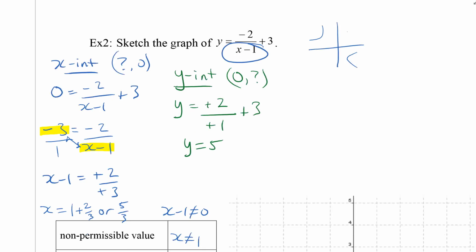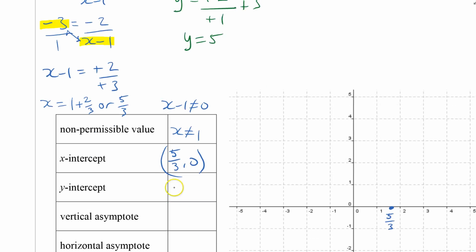So my value for my y-intercept will be my x is 0 and my y is 5. So my spot would be right over here, and I get a 0, 5. I'll just label that, and I'm going to anticipate that that will be a point.